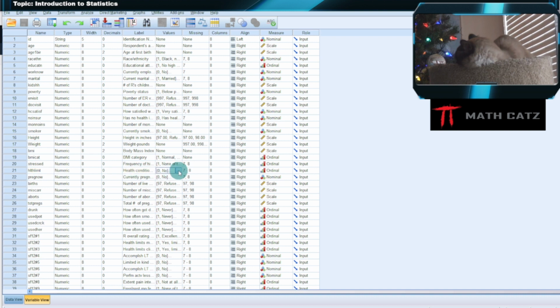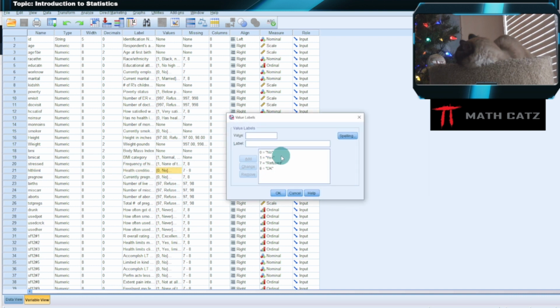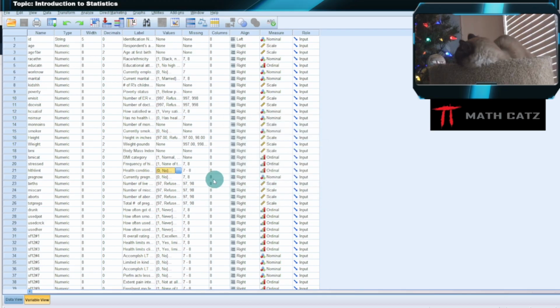Health condition over here is basically a yes or a no variable. So we want to test if the health issues that limited the woman's general day-to-day comings and goings, limited them from working, etc., are independent of the BMI categories.